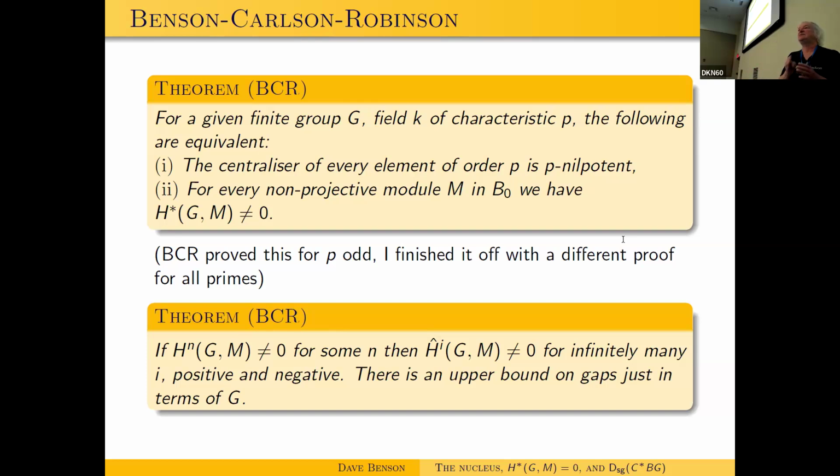And in fact, there can't be any long gaps. There's a length that just depends on the group, such that there can't be any gaps that long. There was a nice little spectral sequence argument that proved that.